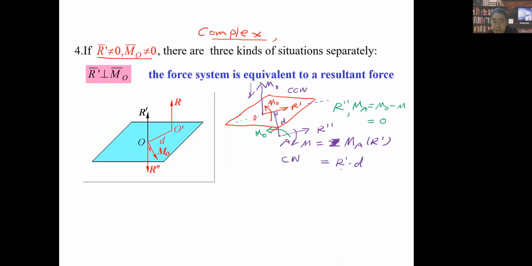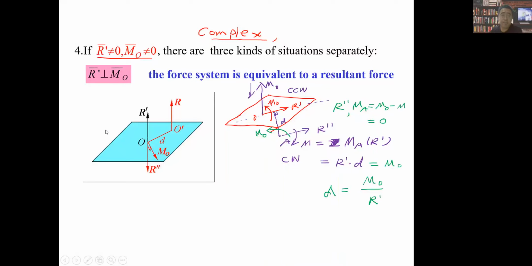That means we only need to let R prime times D equal MO, right? That means D equals MO over R prime. That's why this figure is very easy to understand compared to the previous one.